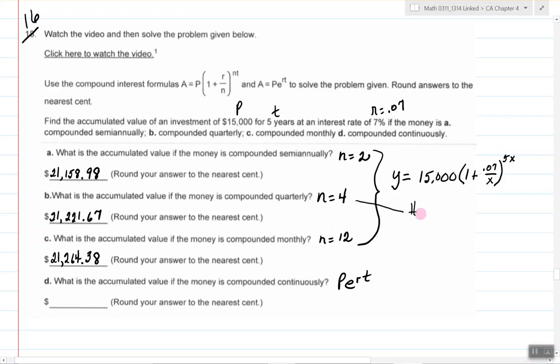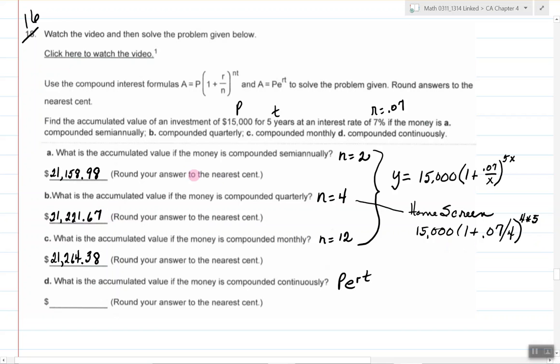On the home screen, you could have typed in 15,000 times 1 plus 0.07. For this one, n is 4, raised to the nt power, so you probably would have it as 4 times 5. If you do that on the home screen, you will get this number.